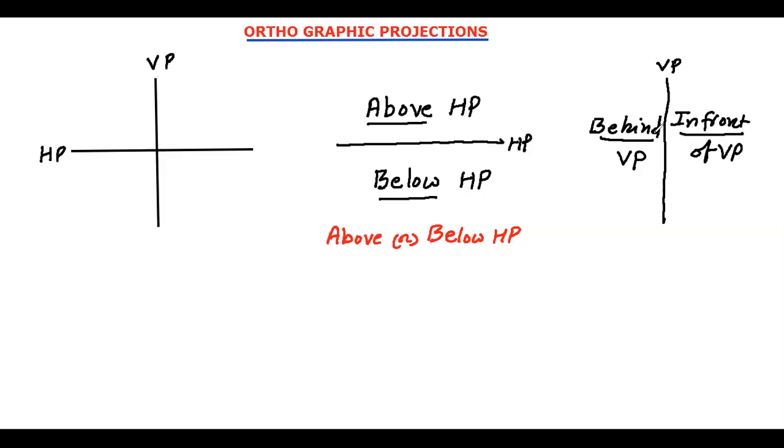Okay, dosto. You should not say from VP. That is wrong. For engineering drawing, from VP and from HP are wrong. From VP and from HP are very, very wrong sentences, which say that you don't understand the basic concept, which is orthographic projection. So what are the keywords for the vertical plane?